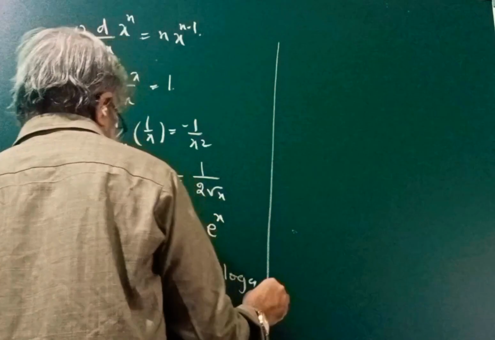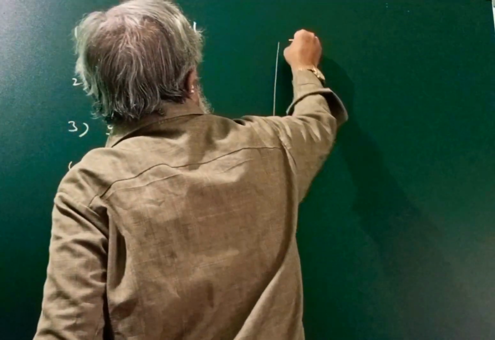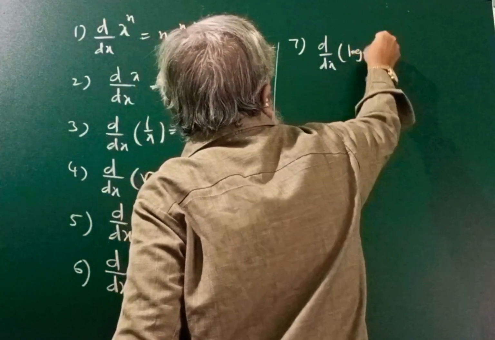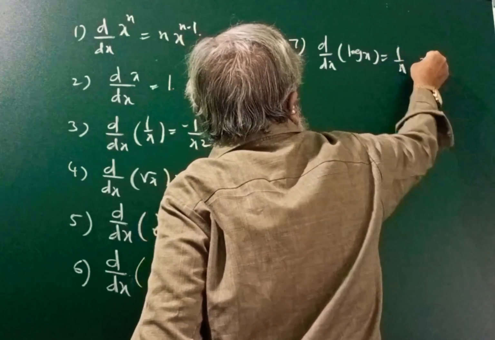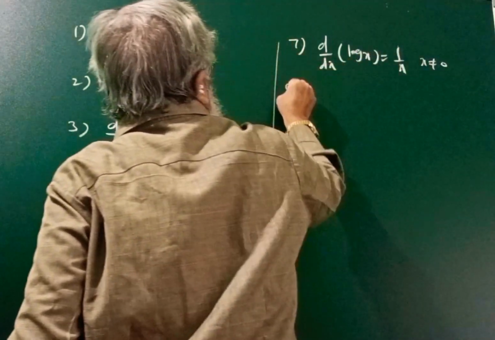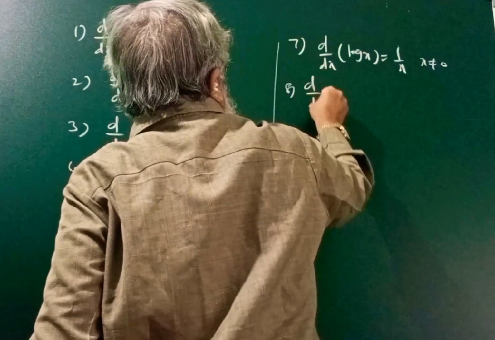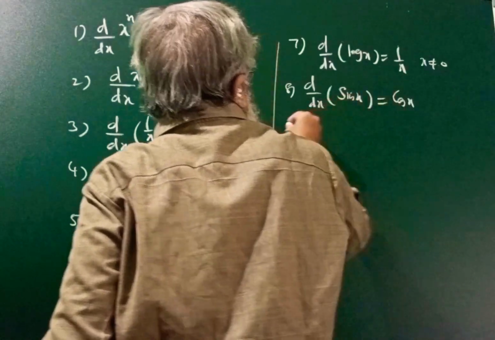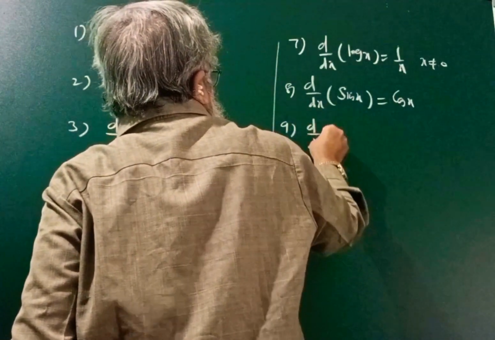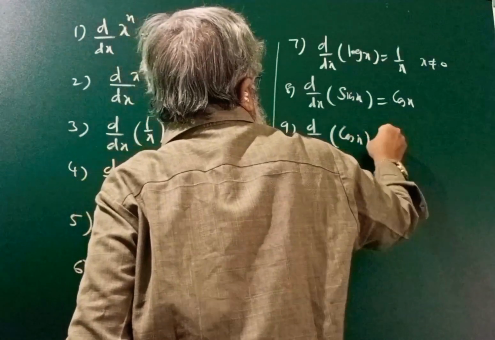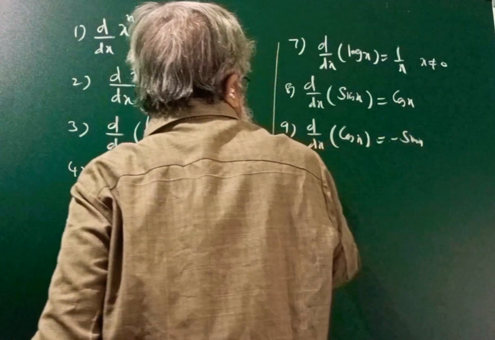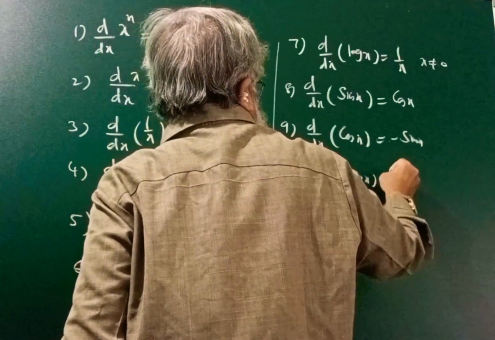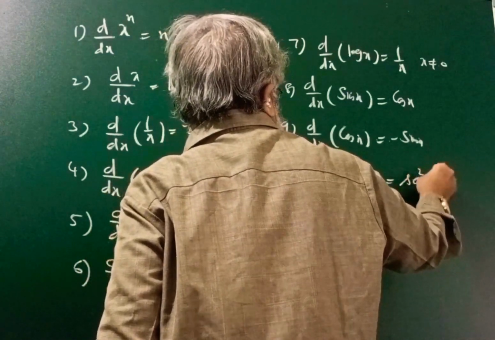Then 7, differentiation of log x with respect to x is given by 1 by x, where x should not be 0. 8. Derivative of sin x is equal to cos x. Derivative of cos x is equal to minus sin x. And derivative of tan x is given by sec square x.